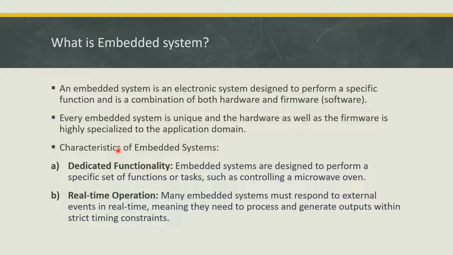Some characteristics of embedded systems are: dedicated functionality, application and domain specific, reactive and real time, small size. Some examples of embedded systems are microwave oven, washing machine, digital cameras, etc.